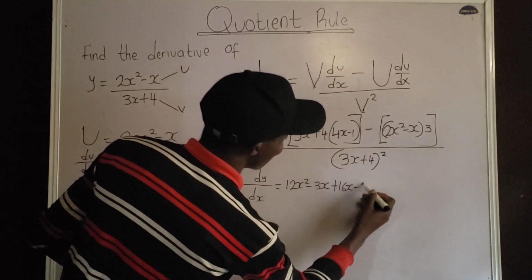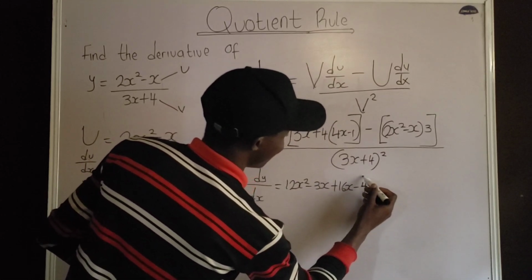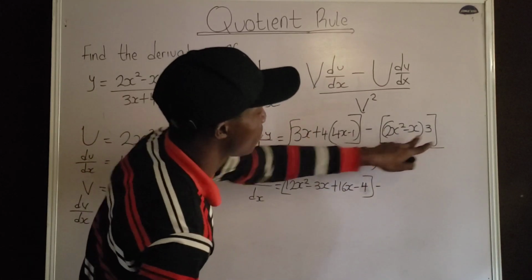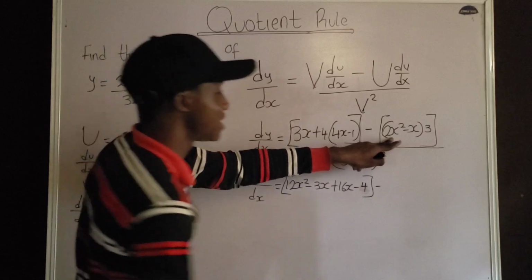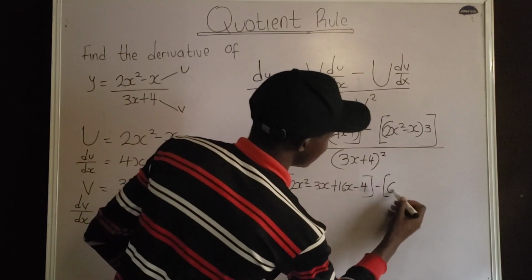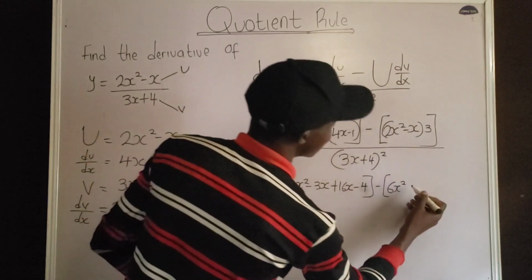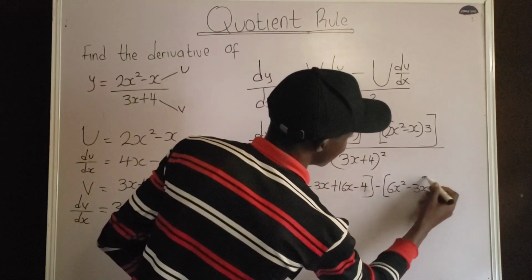Sorry, minus 4. Okay, let us proceed. Minus 3 multiplied by 2x squared, that is minus 6x squared. Minus 3 multiplied by minus x, that is plus 3x.